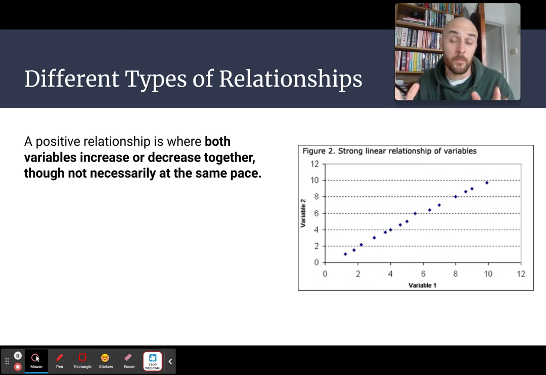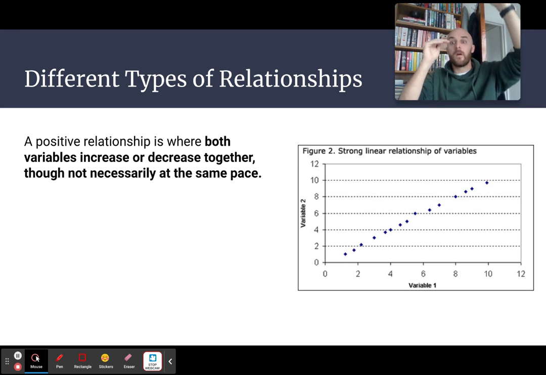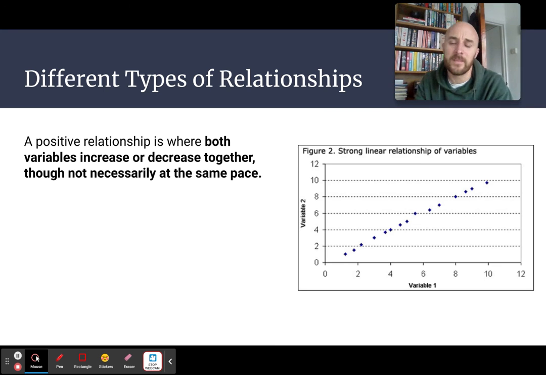I don't have the time to explain to you why. Hopefully you can figure it out. But a positive relationship is where variables increase or decrease together, very importantly, though not necessarily at the same pace. It may be like one going a lot higher than another.